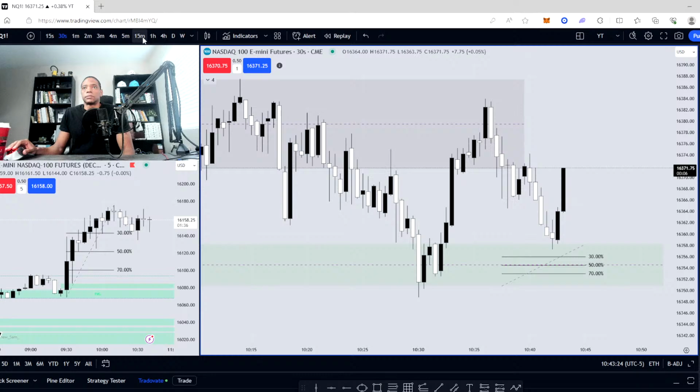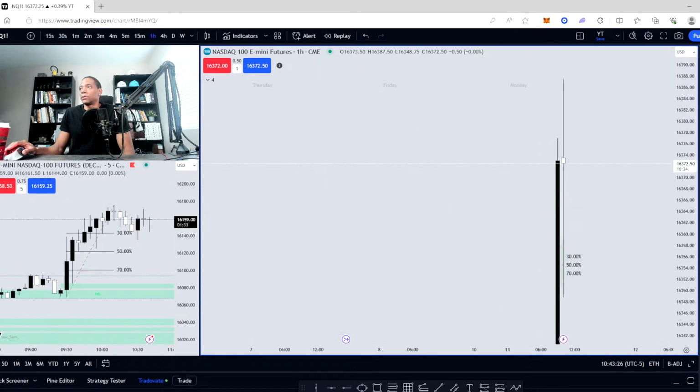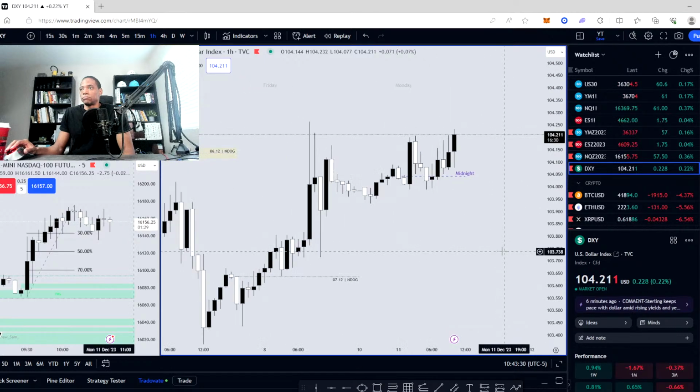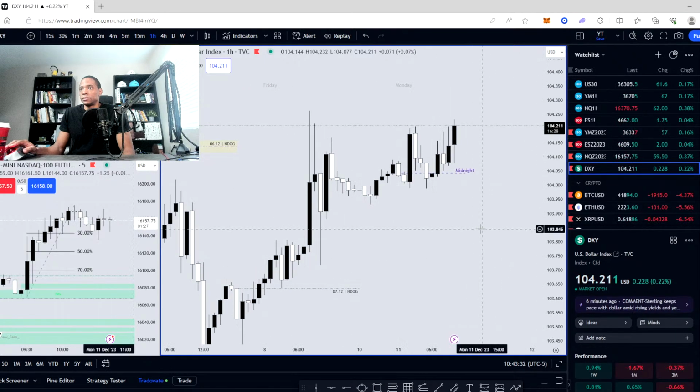You know what, let's quickly shift over to the hour and grab the dollar. Let's just take a peek and see what's happening with the dollar. Okay, dollar made a new daily high.